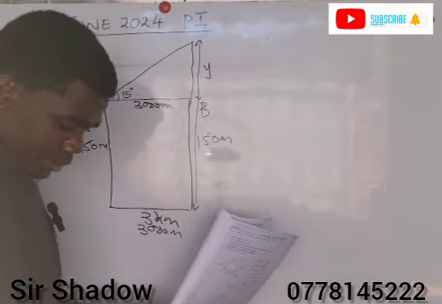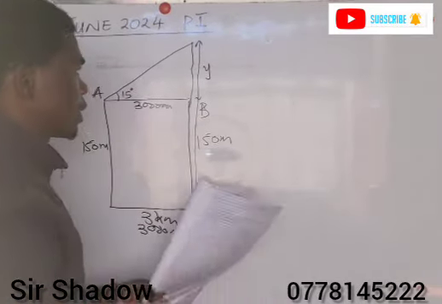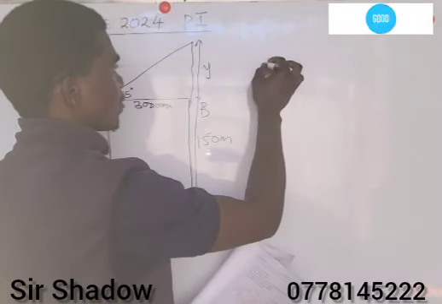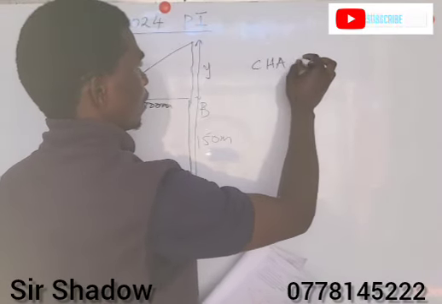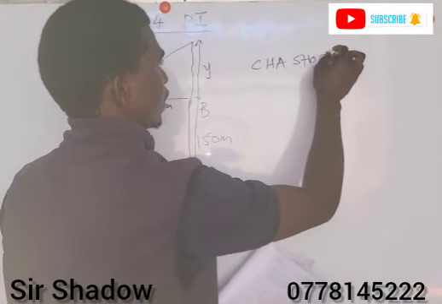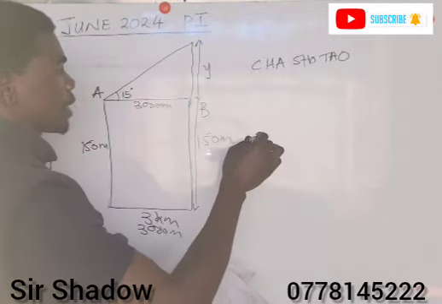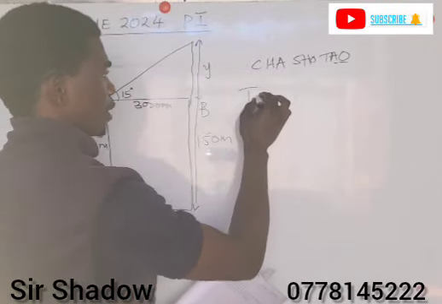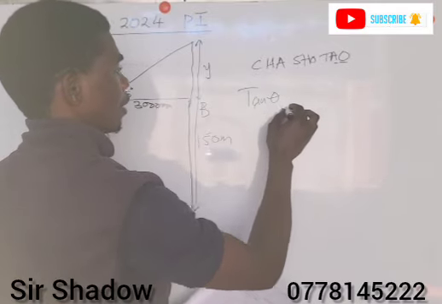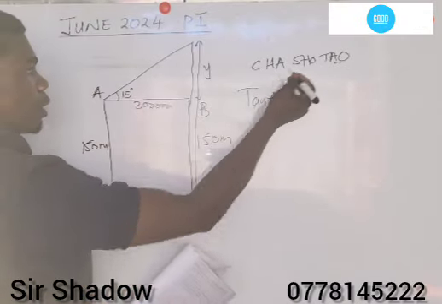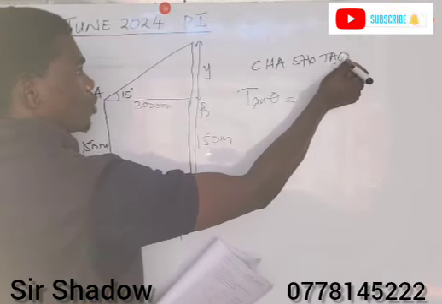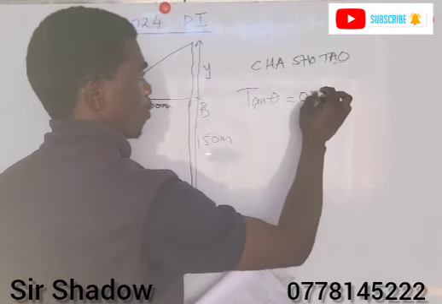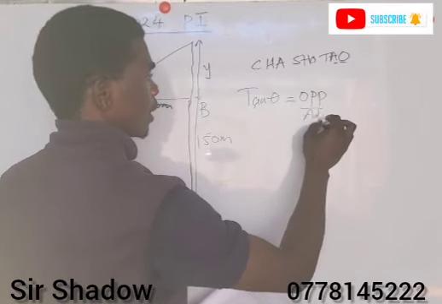When given adjacent and opposite, we use tan. So tan theta is equal to opposite over adjacent.